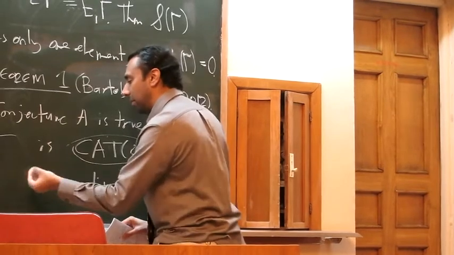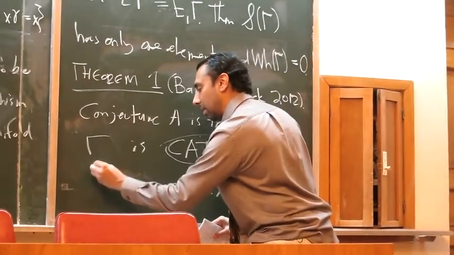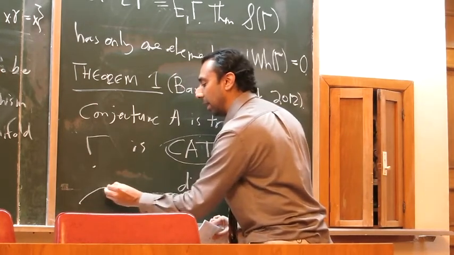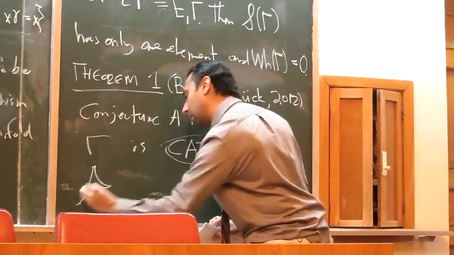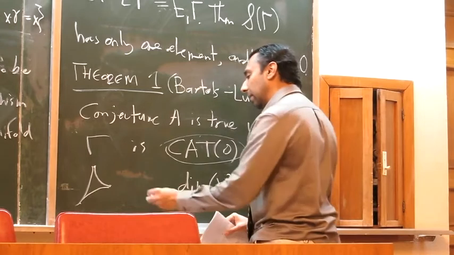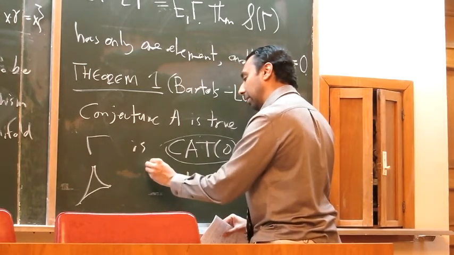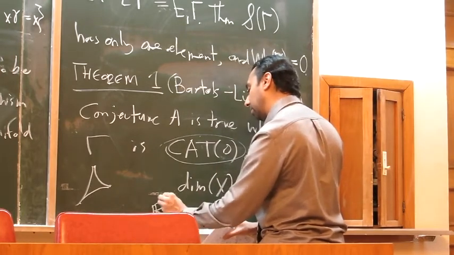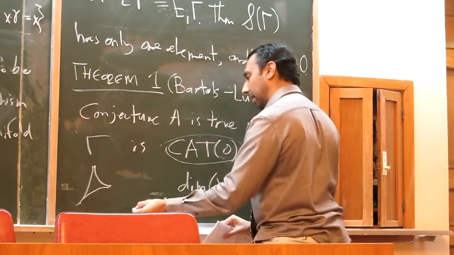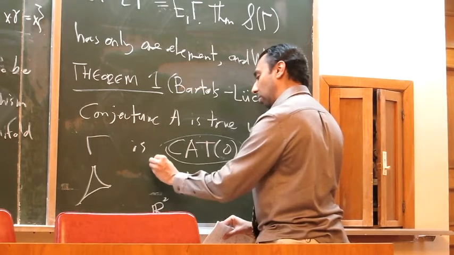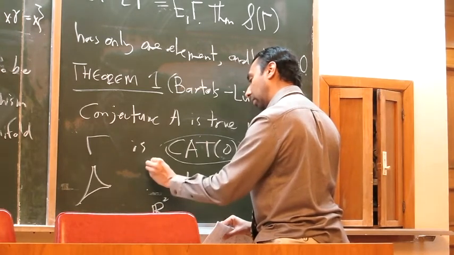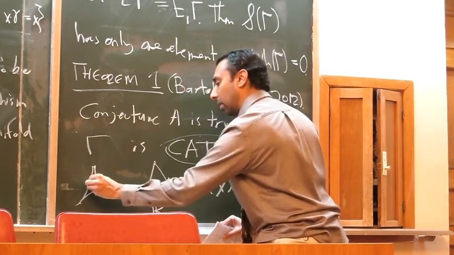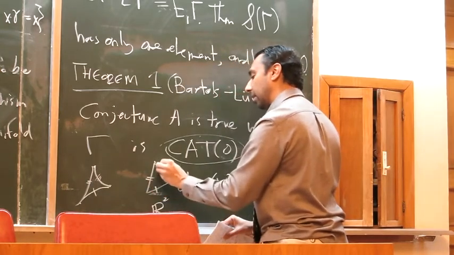So if you have three points in your CAT(0) space, and you join them by geodesic segments, then there exists a triangle in flat space, the Euclidean plane, with the same lengths.